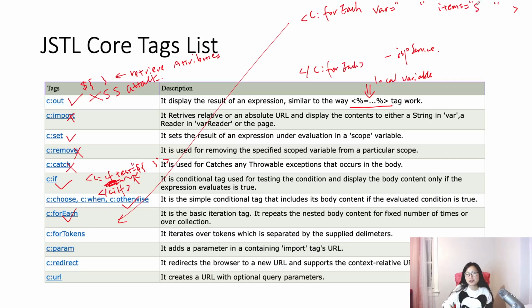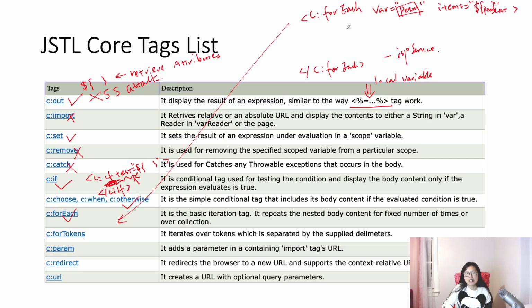And for the items, you use the expression language, EL, to grab any collection from any scope, okay? And then suppose we have a collection of persons, here is a person list. And this person is a variable which will represent each element inside of the person list.